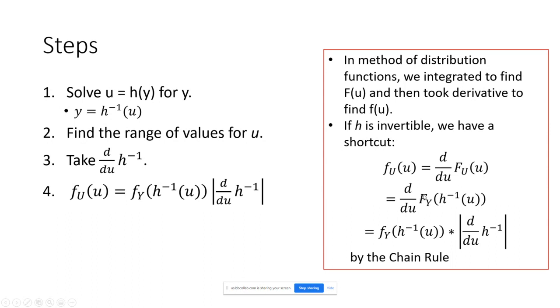So taking the derivative of big F of Y, we get little f of Y, the density function of Y. But then using the chain rule, we need to multiply by the derivative of the inside. So that's where this derivative of h inverse comes from. That's from the chain rule. And we use the absolute value of the derivative there because we know that the density function needs to be positive, not negative.